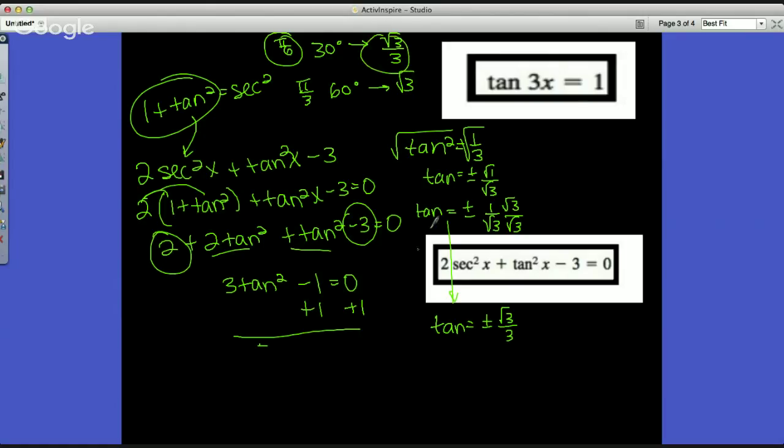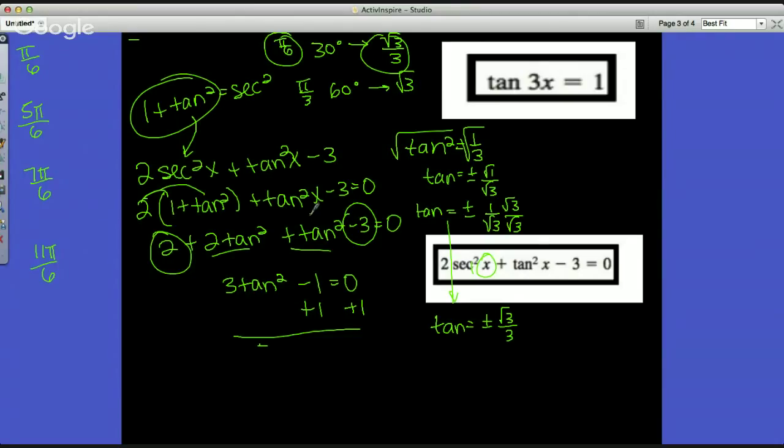At pi over 6, next one would be at 5 pi over 6. So we're just going around the unit circle. Remember, plus or minus. Next one, 7 pi over 6, and the last one would be 11 pi over 6. Now, what do I add to it? Because there's nothing related to x, what you see is what you get.